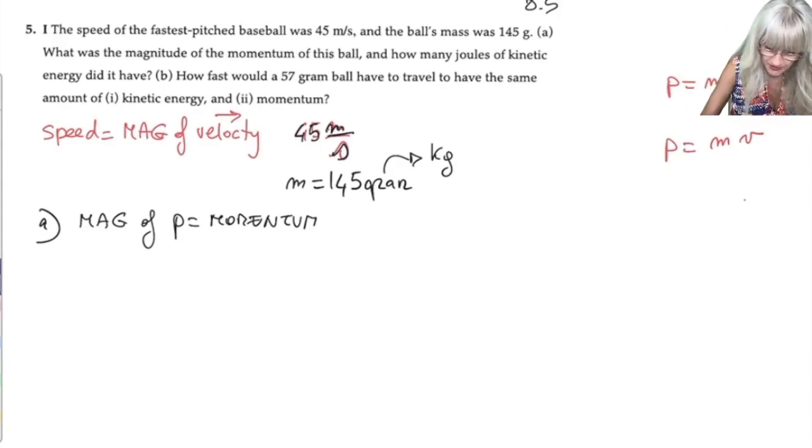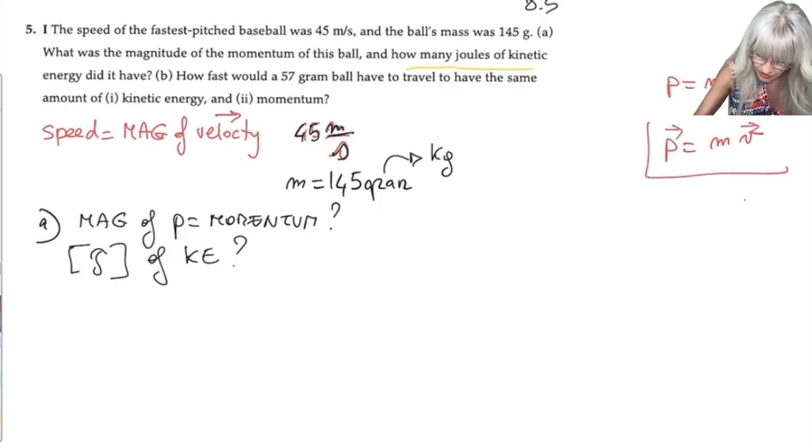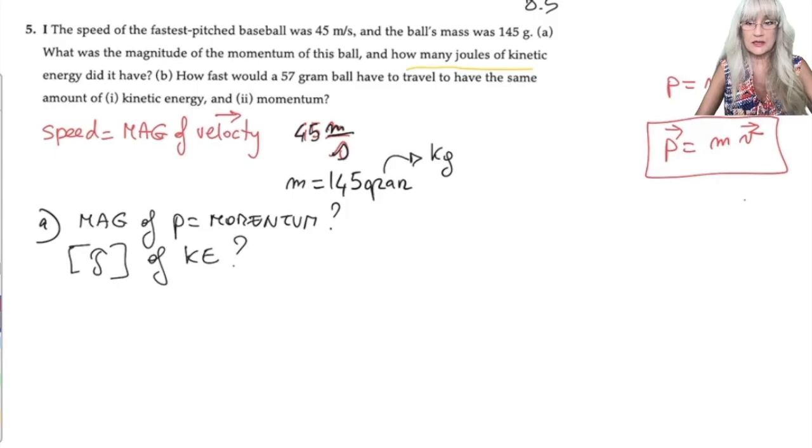We also want to find how many joules of kinetic energy we have in part A. So we need to really work on the knowledge we acquired during the theory.